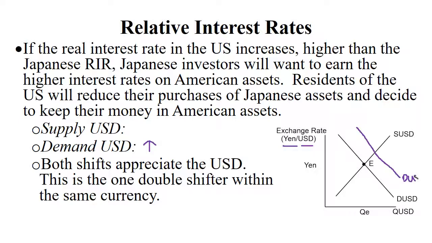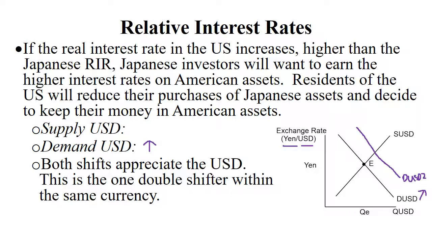But before I label the rest of it, we're actually not quite done yet. So demand is from people in other countries. Supply is from your own country. So if interest rates are higher in America compared to Japan, that's why they're relative, because we're comparing them, residents of the US will decide, you know what, I don't actually want to have my assets in Japan where they're earning less interest.